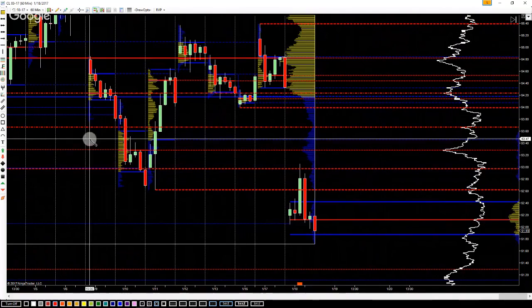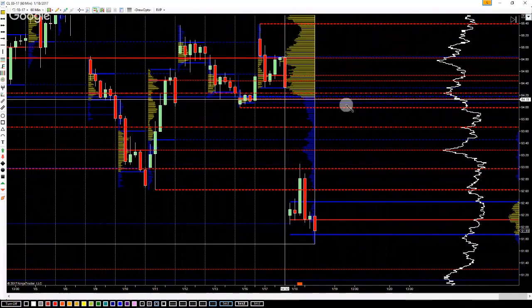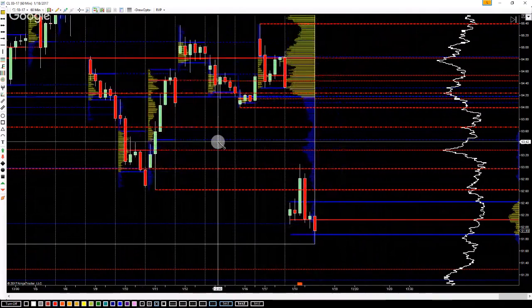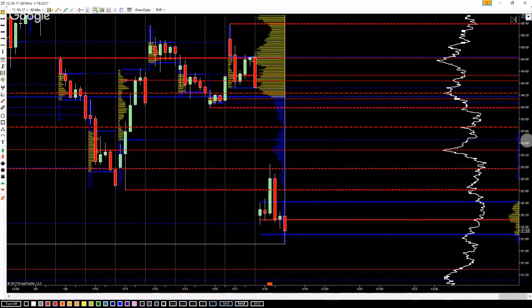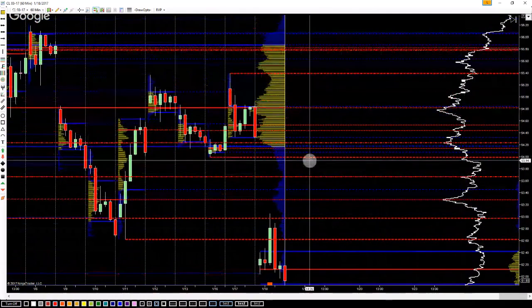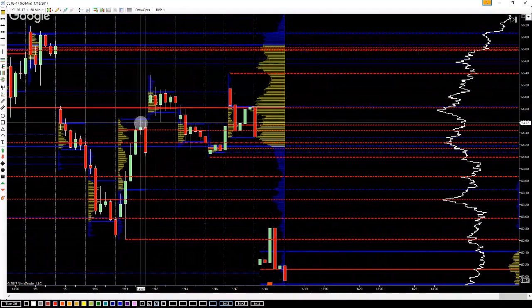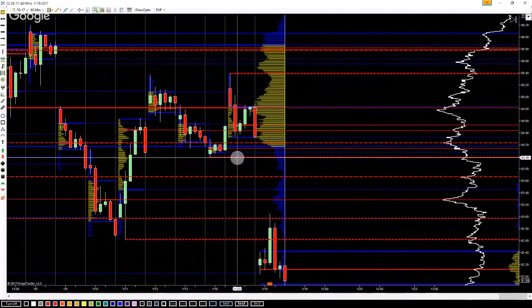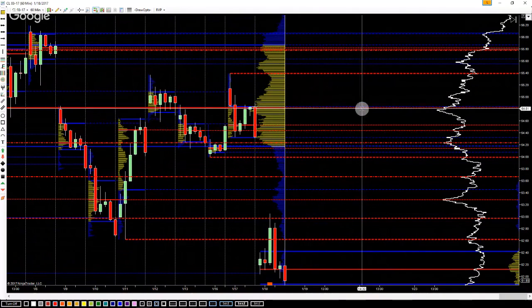There's one. There's one here, but that coincides with the microcomposite VPOC, or a former microcomposite VPOC, so we don't need to draw that one. Let's move up here. So here's another one. This one coincides with... looks like we didn't draw this microcomposite VPOC.